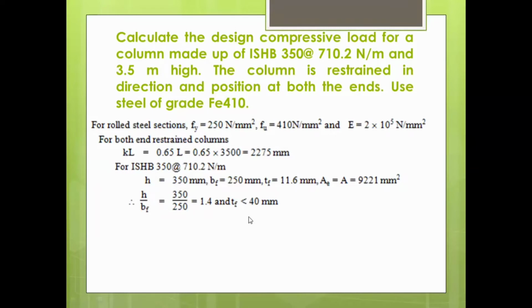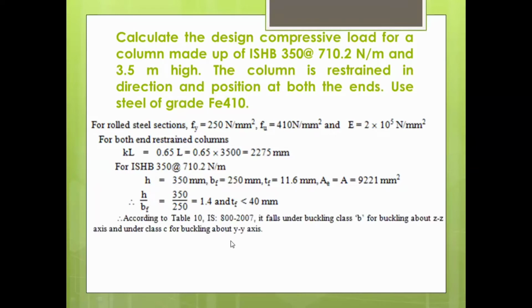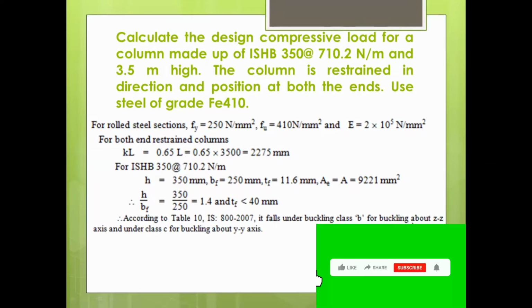Based on the section classification, according to table 10 of IS 800 2007, it falls under buckling class B for buckling about ZZ axis and under class C for buckling about YY axis.